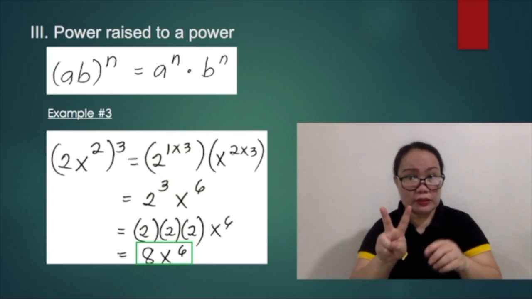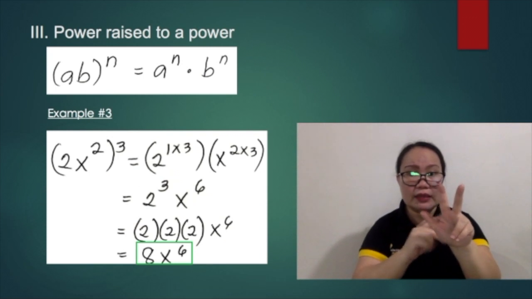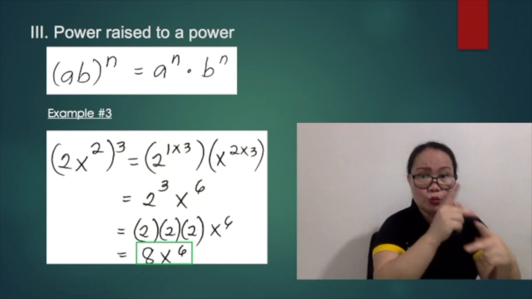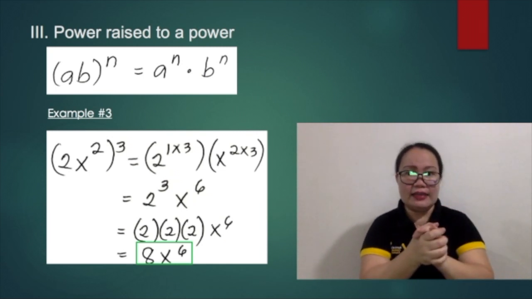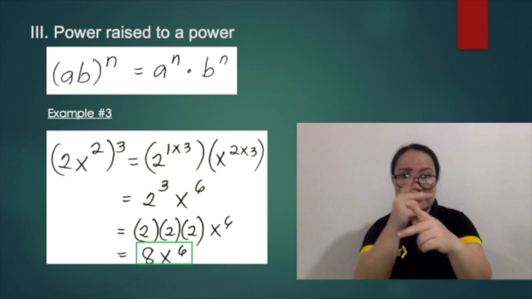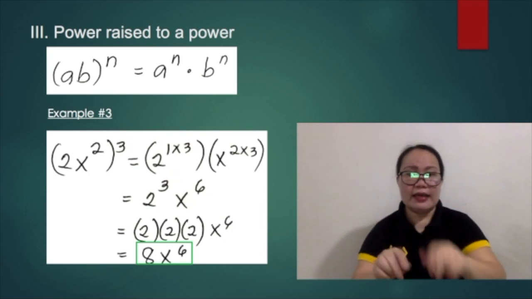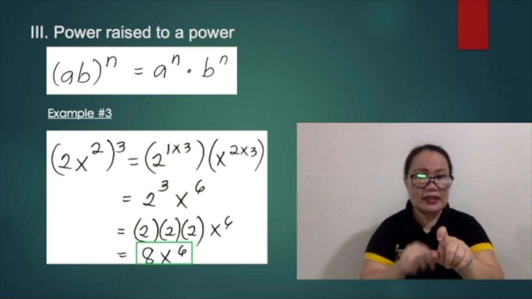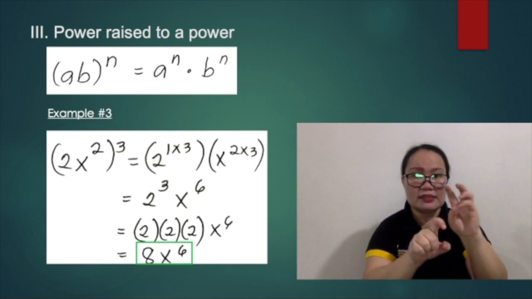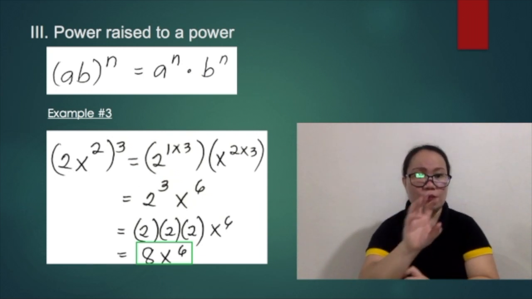So 2 raised to the power of 1 times 3, and then for x raised to the power of 2 times 3. Okay? So 2, the exponents multiplied. 1 times 3 is 3, so 2 raised to the power of 3. And then for x, exponents, 2 times 3 equals 6. So x to the 6. So 2 raised to the power of 3, x raised to the power of 6.